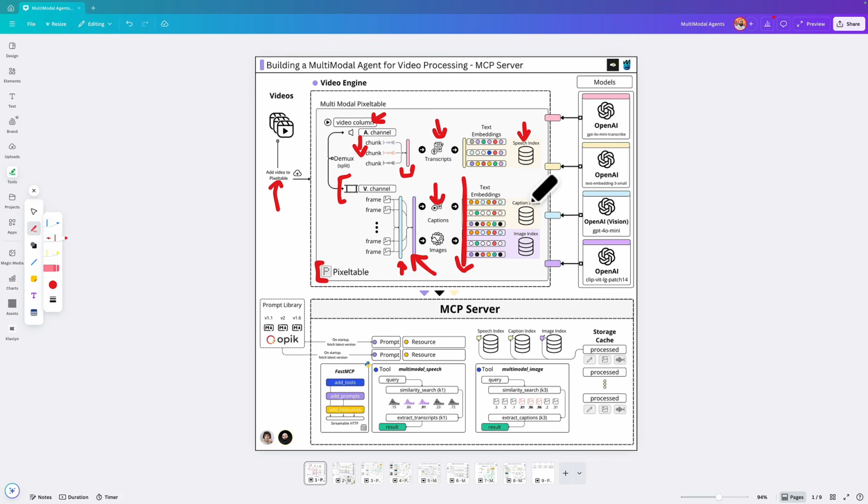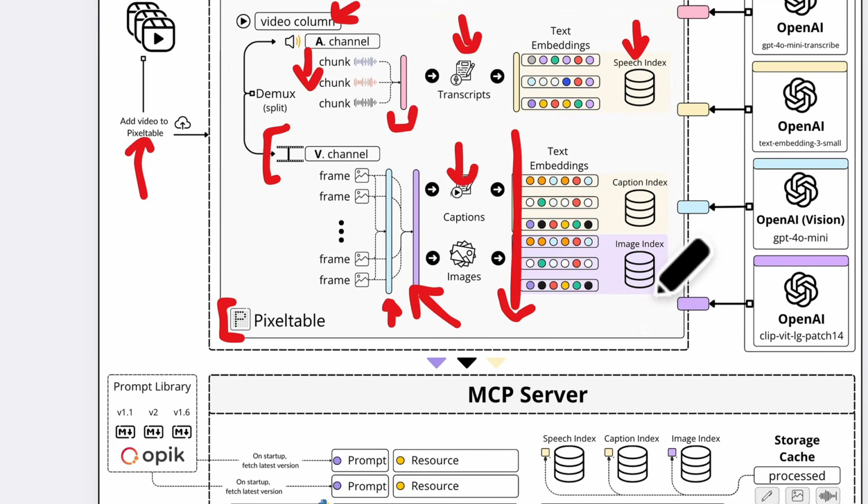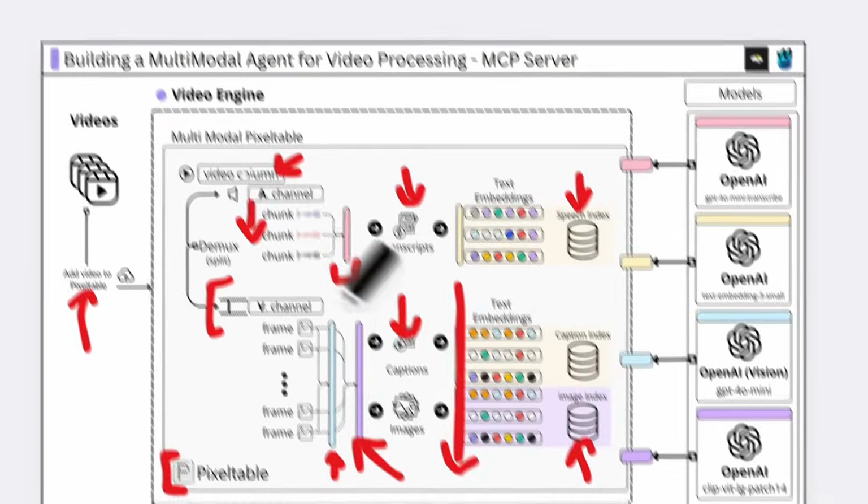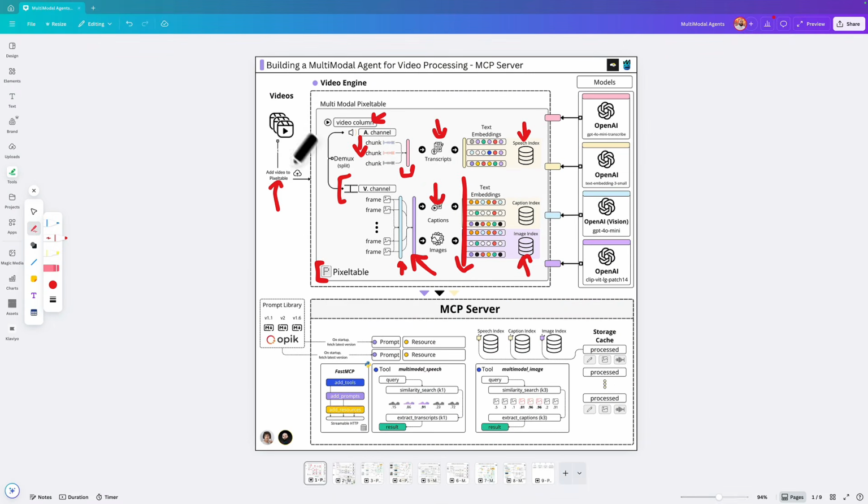And we'll end up generating these two embedding indexes, one for the captions, the text descriptions of the images, and one for the images themselves at this point. So as an overview of the multimodal pipeline, that's how the process works and how everything flows through this.